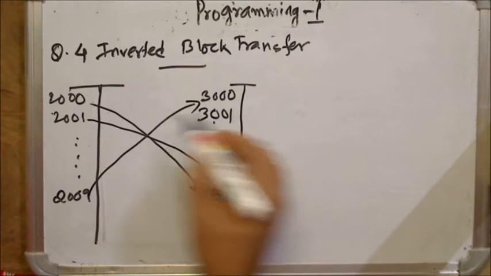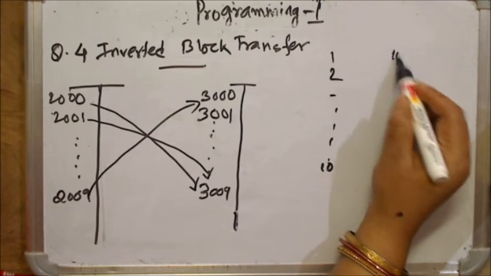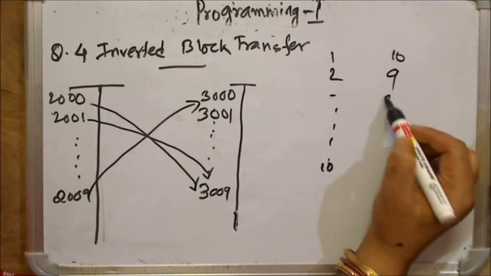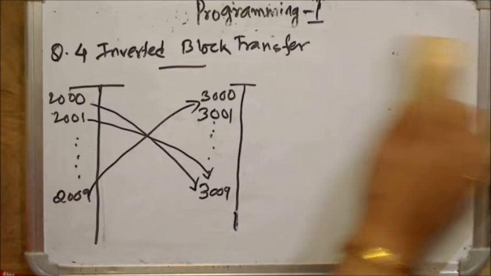That is, if it is 1 2 3 4 5 6 7 8 9 10, it will be stored in memory locations 3000 to 3009 as 10 9 8 7 6 5 4 3 2 1. I hope this is clear, so let's do that.